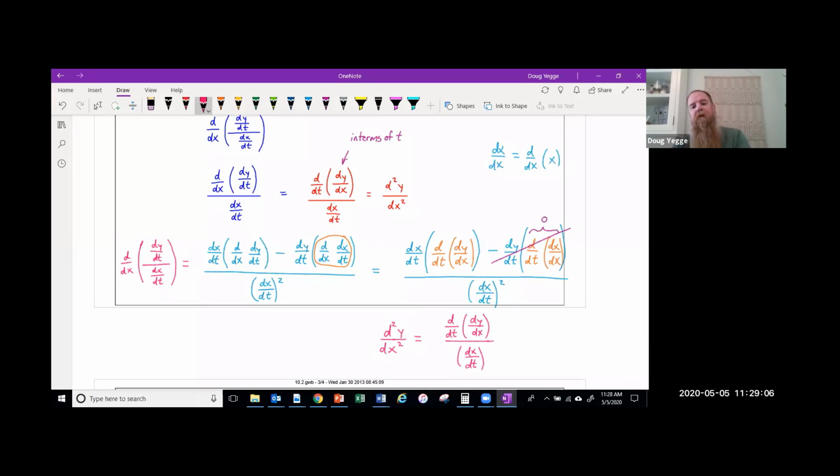And there's that. So you get the same answer either way. It's just that this is one way to do it. There are two different proofs to get to the same exact place.